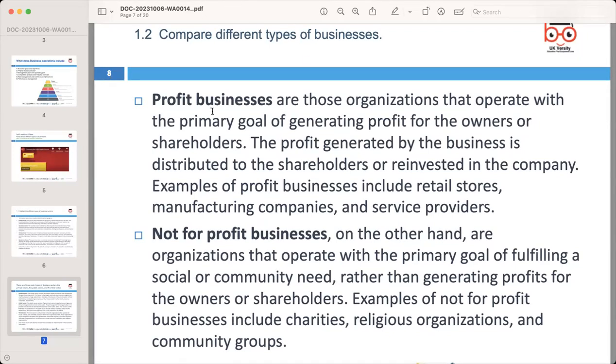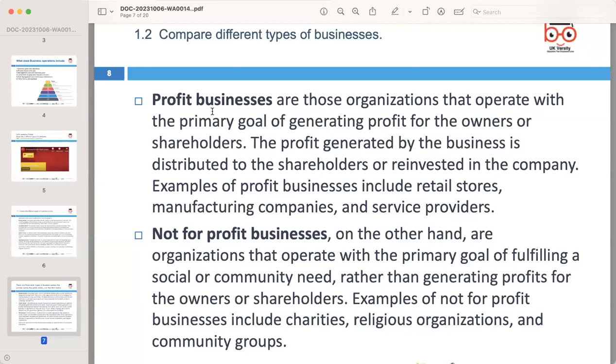Then not-for-profit businesses, on the other hand, are organizations that operate with the primary goal of fulfilling a social or community need rather than generating profits for the owners or shareholders. Examples of not-for-profit businesses include charities, religious organizations, and community groups.